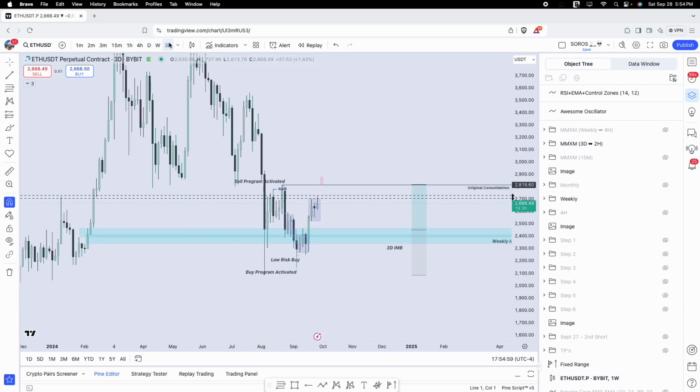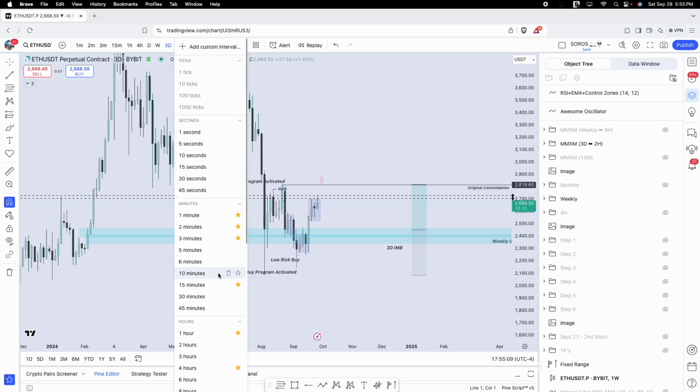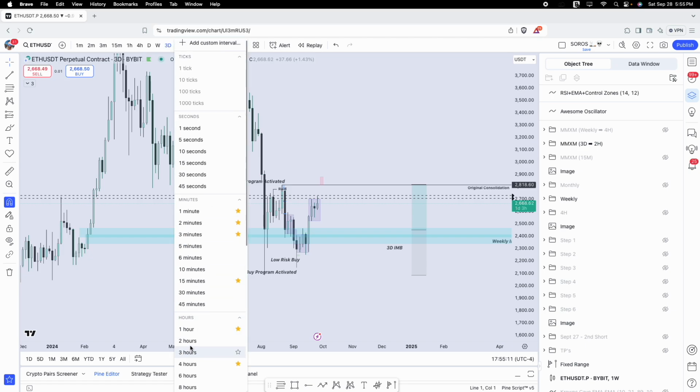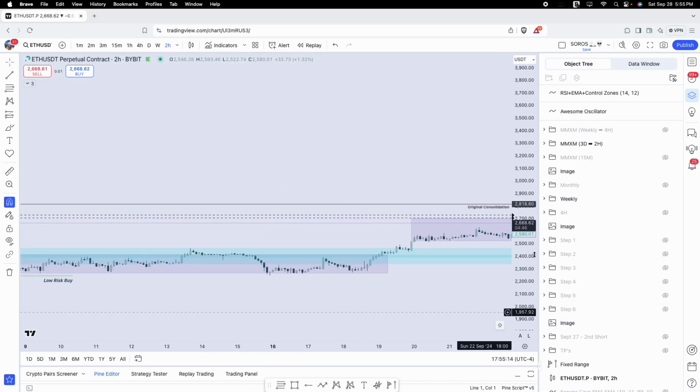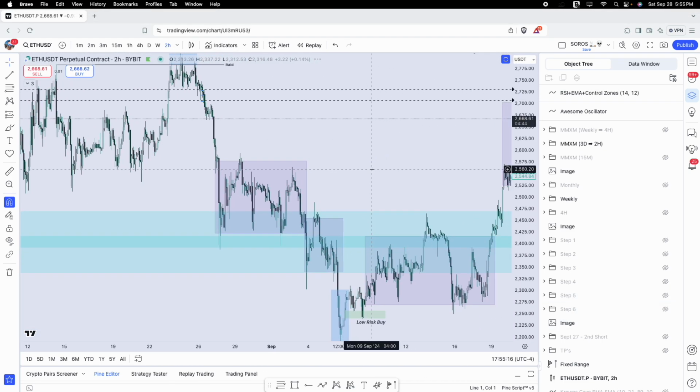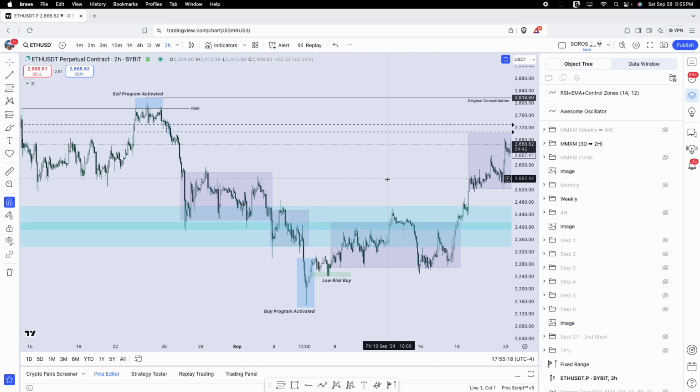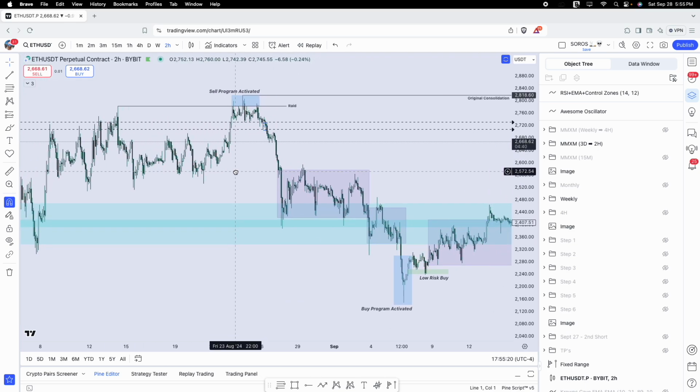If we align the time frame, so if we use 4-hour structure for the weekly key levels on the 3-day, which is about half of the weekly time, we would use half the time frame for the structure, which would be 2 hours. And you can see it here. We have a very clean 2-hour market maker model.